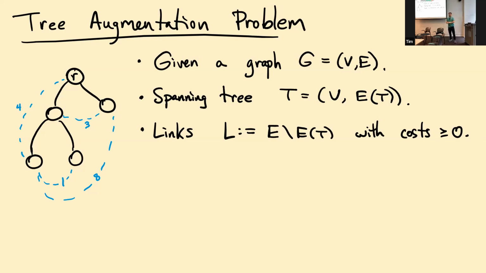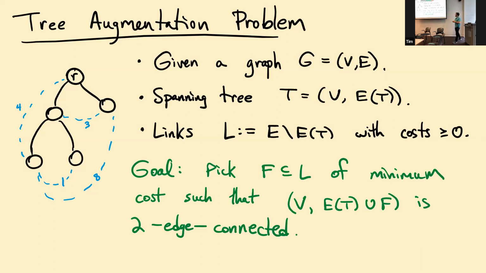In the tree augmentation problem, we're given a graph and a spanning tree, and you can add in links. Each of them has an associated cost, and the goal is to choose links and add them to the tree so that it's now two-edge connected.